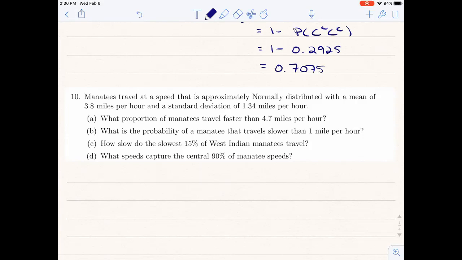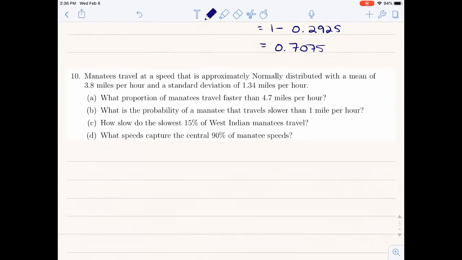Find probabilities, or if I give you the area under the curve, use it to find the cutoff values. All right. So manatees travel at a speed that's approximately normally distributed with a mean of 3.8 miles per hour and a standard deviation of 1.34 miles per hour.